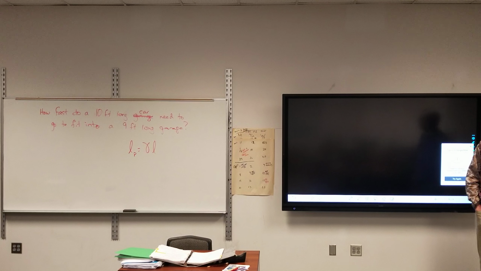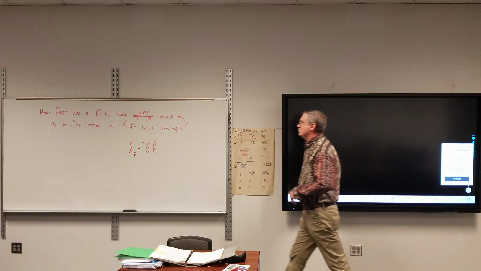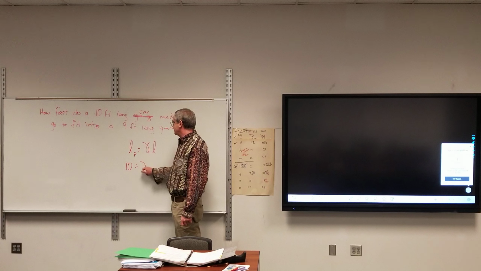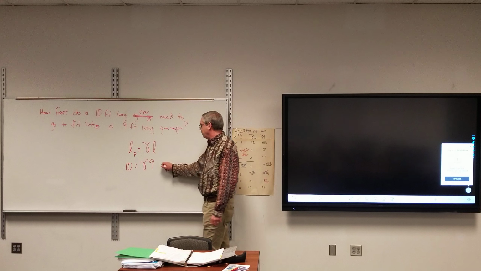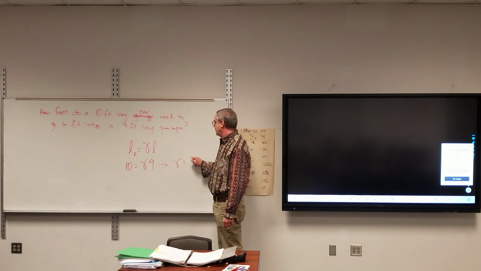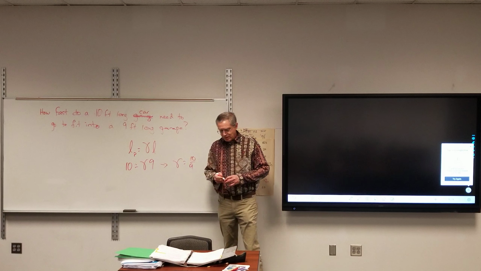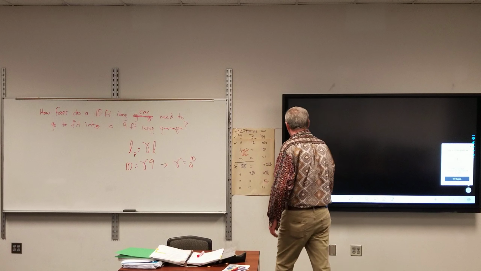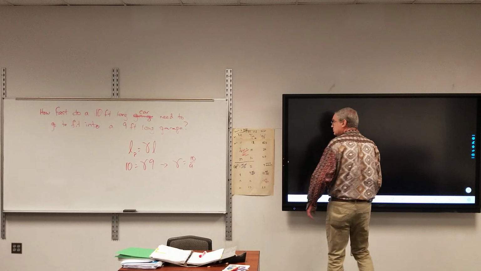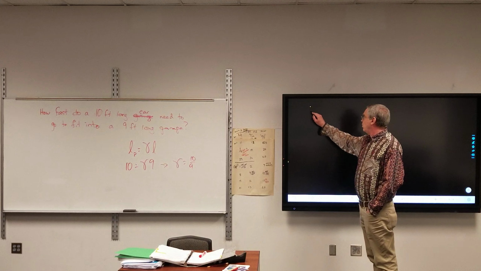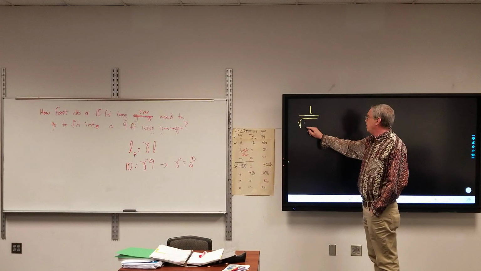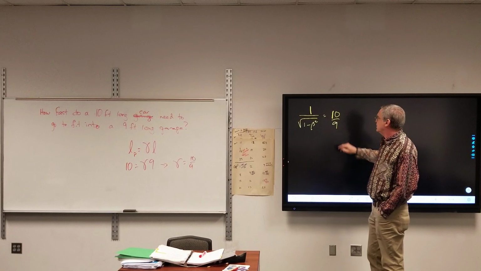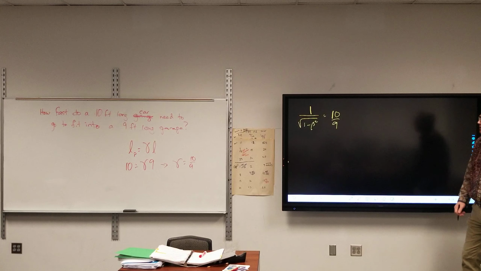I would guess LP is 10, because you usually say let the bigger be bigger. Therefore, gamma is 10/9. And you went through this yesterday, so it should be relatively simple. I know that 1 over the square root of 1 minus beta squared is equal to 10/9. Solve for beta.